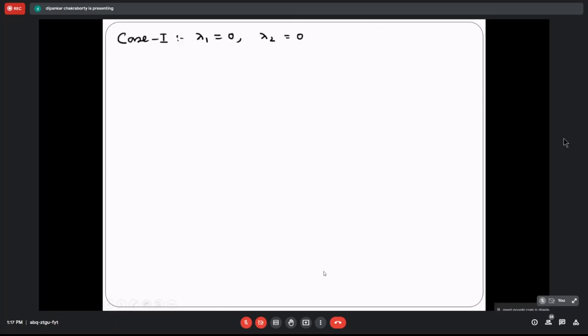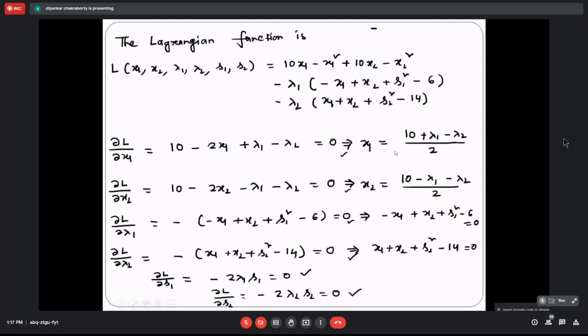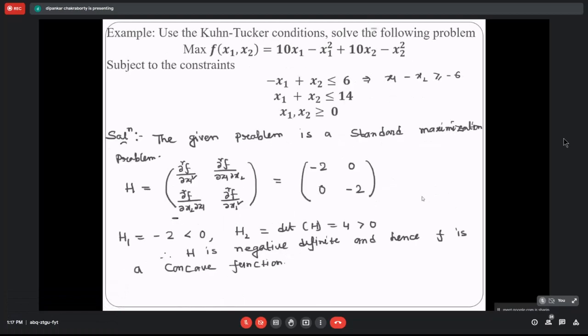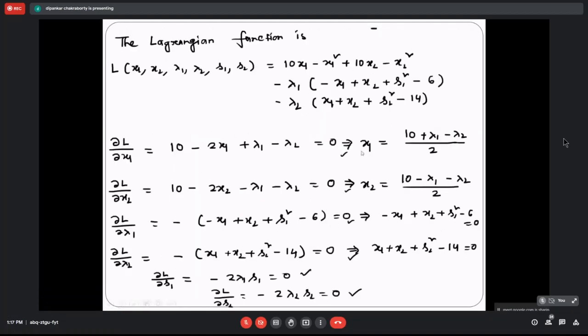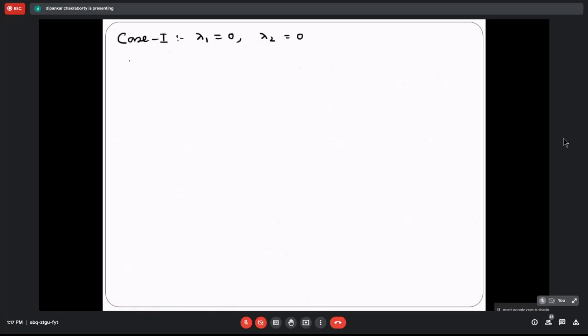Okay? Now if lambda 1 and lambda 2 are equal to 0, then you can see that x1 will be what? 10 by 5. And x2 will be what? Again 10 by 5. That means x1 is 5, x2 is also 5. So for case 1, as lambda 1 equal to 0 and lambda 2 equal to 0, x1 is 5 and x2 is 5.